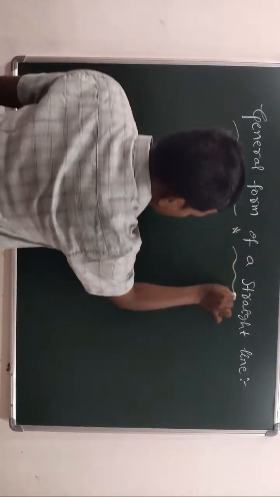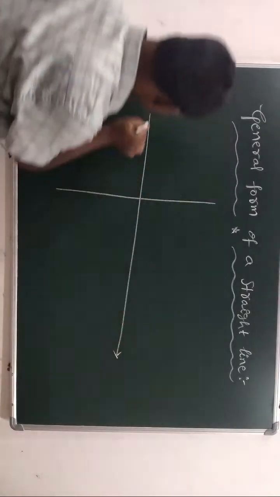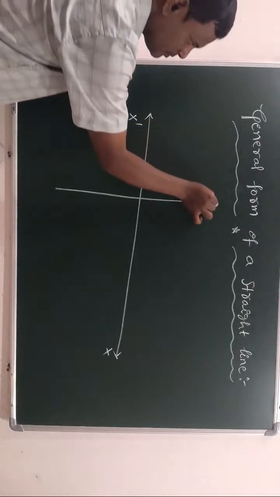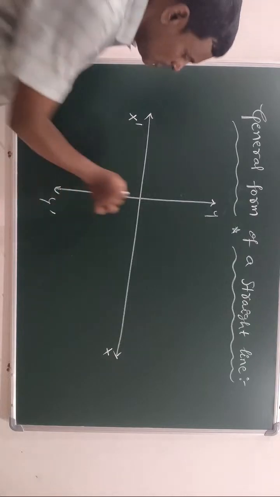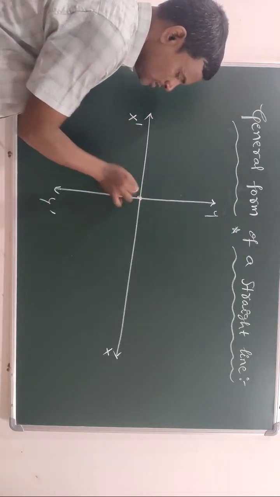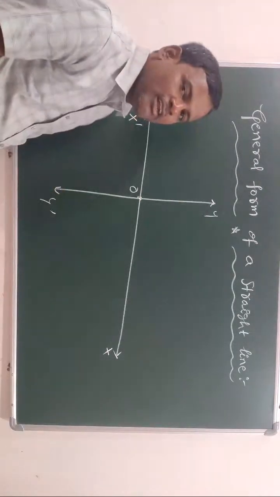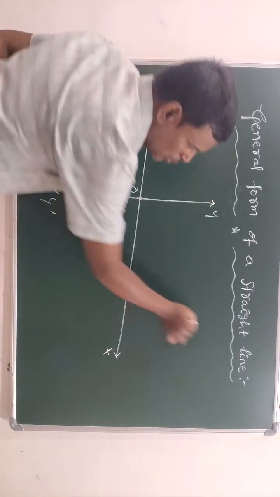See, consider a rectangular coordinate system. X dash, y dash. So this is the origin. You know that on this rectangular coordinate system, I am considering a group of points.